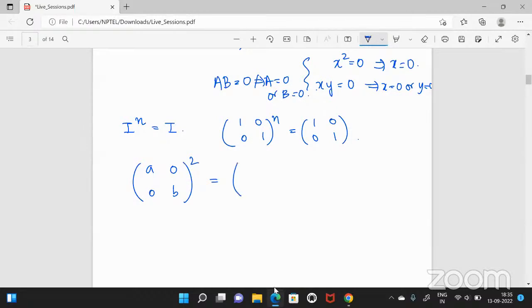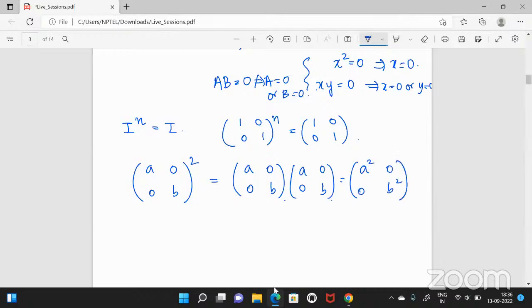If we multiply just the matrix with itself, A times A. A square, 0, 0, B square.